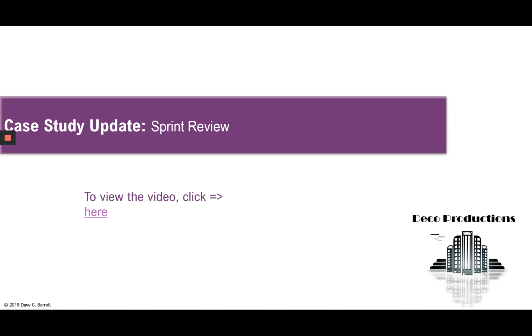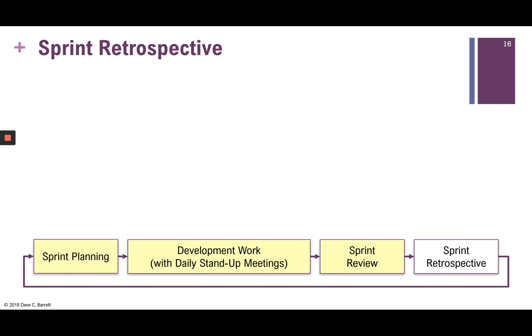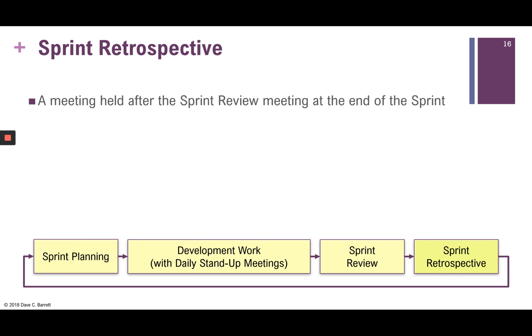So again, please go to the case study update on page 204, and you'll see an example of the sprint review take place. Now, the next and last step is the sprint retrospective. The very last thing that is done during the sprint is the sprint retrospective.